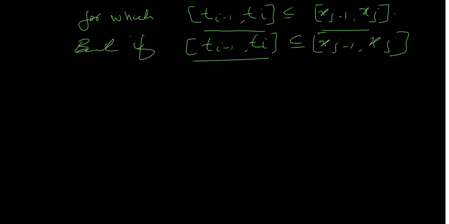Okay, and this lies in this interval. That means the supremum Mj is obviously greater or equal to this Mi, and the infimum of this is greater or equal to the infimum of this. So this supremum is greater and this is smaller, and this infimum is smaller, this one is greater.